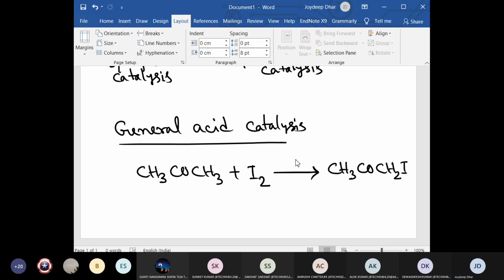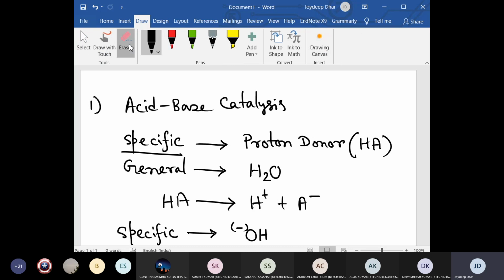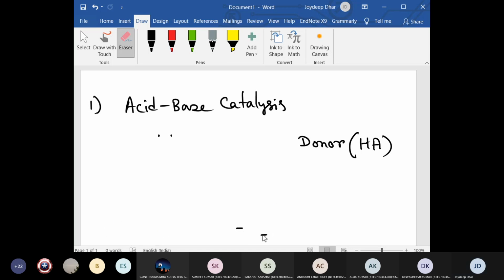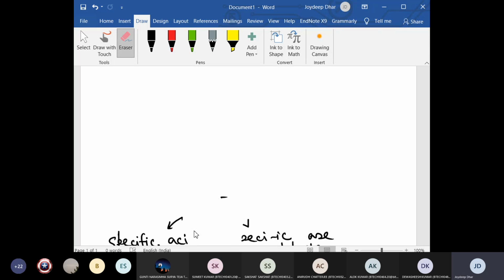You can use something other than an H plus donor as catalyst. Similarly, general base catalysis is also there. But you have to study the mechanism, or the kinetics. So you should remember the examples. When it will be specific and when it will be general, I can show from kinetics.